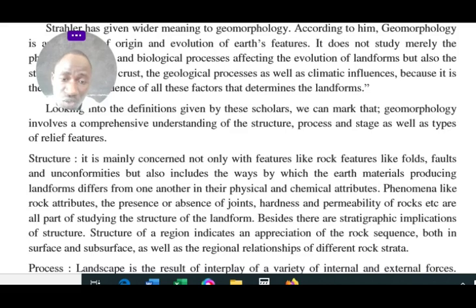So the structures are concerned with the rocks. In terms of the folds, we also talk about folding.